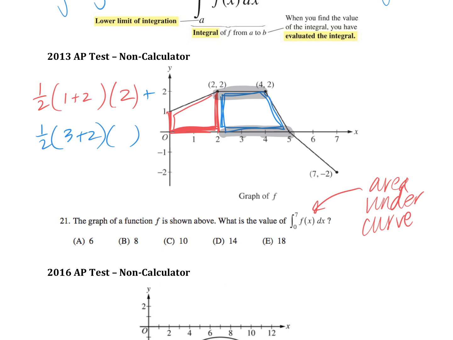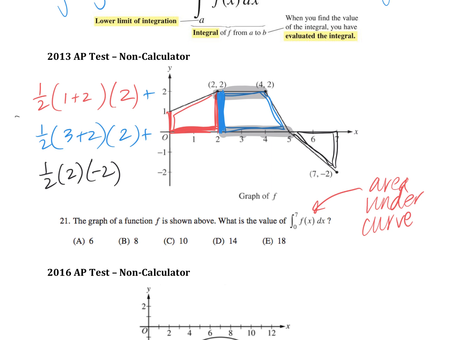And what's the height? 2. And lastly, we got a little triangle down here. What's my little triangle? 1/2 its base, and its height? Is everyone okay if I say -2 just to make sure that we subtract it?